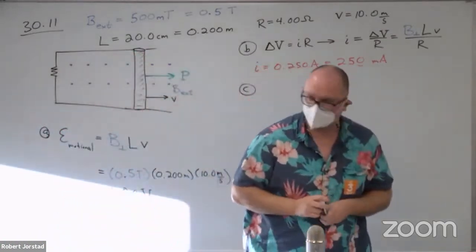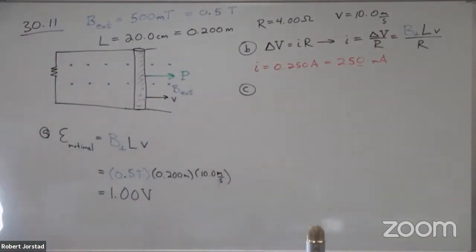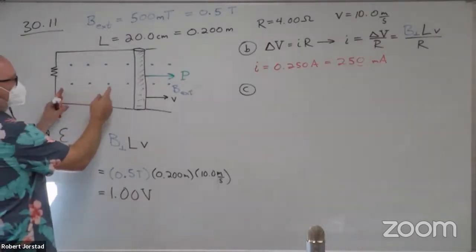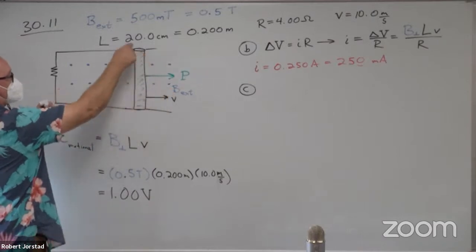Part C is what? Determine the direction. Okay. What do you think? As the rod moves to the right, am I going to get more dots or more X flux? The rod itself moves that way. When the rod moves that way, this is your loop.